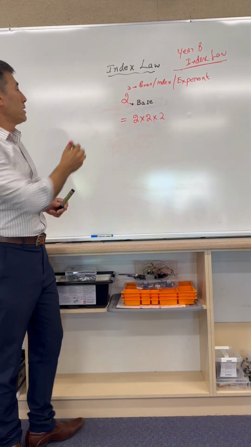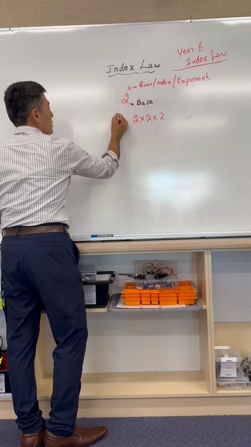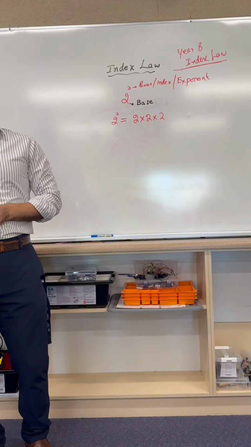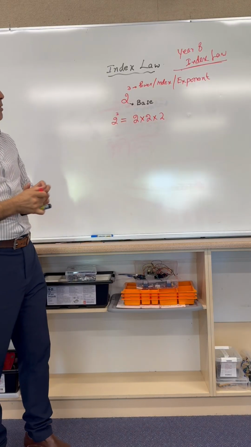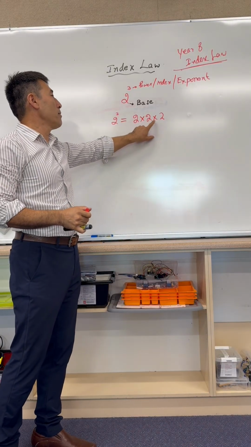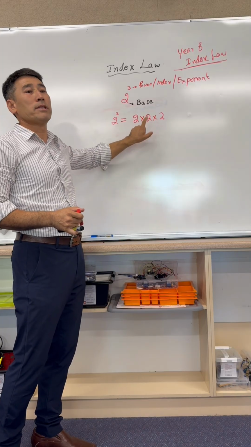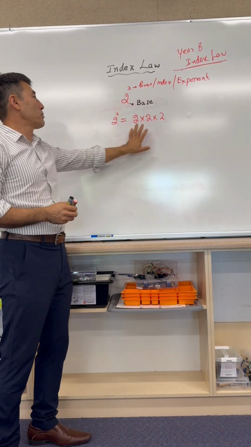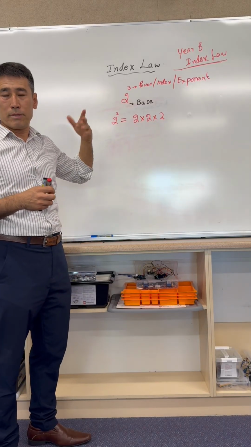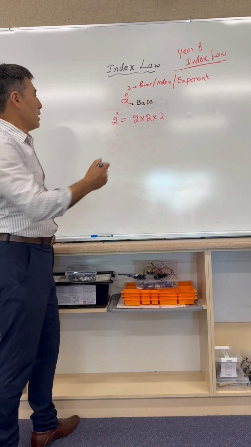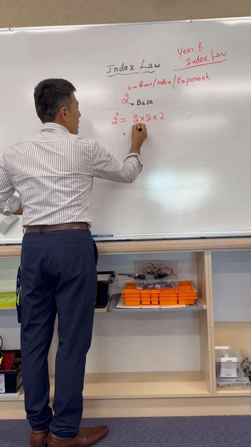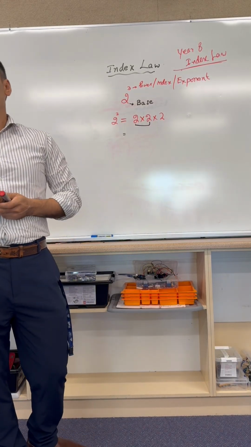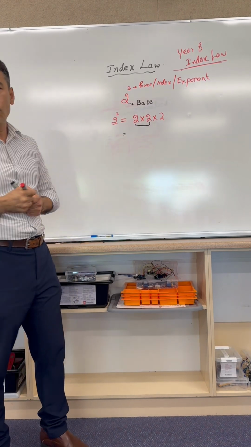So 2 to the power 3 means you have to repeat this number 3 times. Now you see the sign between them? Times. You have to times them, do not add them. First, we can't times 3 of them together, unless you have memorized your timetable. So first we do these 2 and see the answer. 2 times 2 is 4, right?